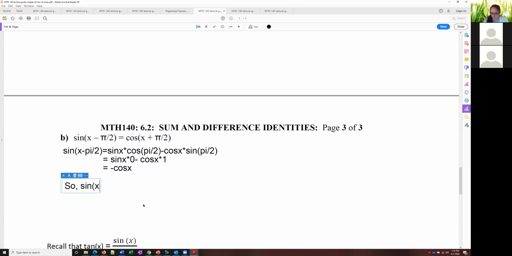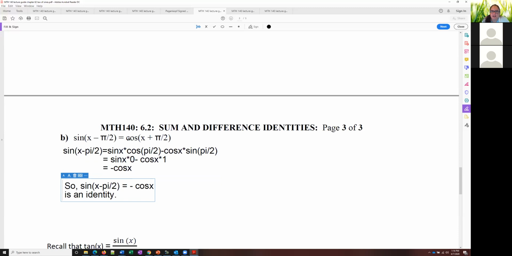So sine of x minus pi over 2 equals negative cosine x is an identity. That's always going to be true, no matter what x is. And that's basically saying that the sine and the cosine graphs are just shifts of each other, right? Which we know is true.